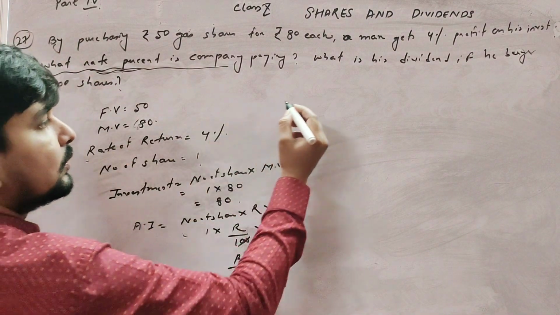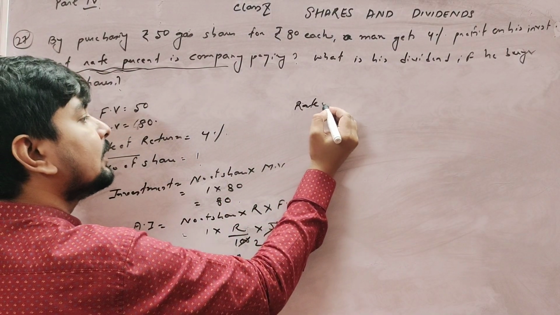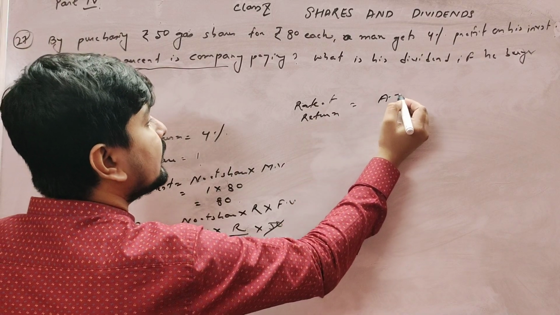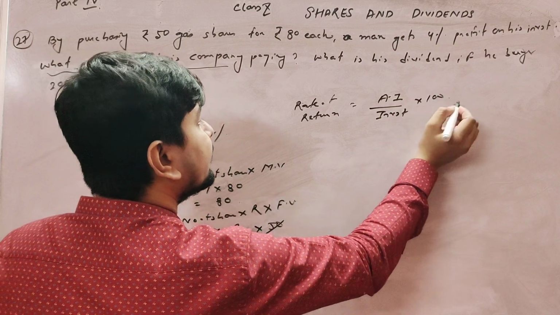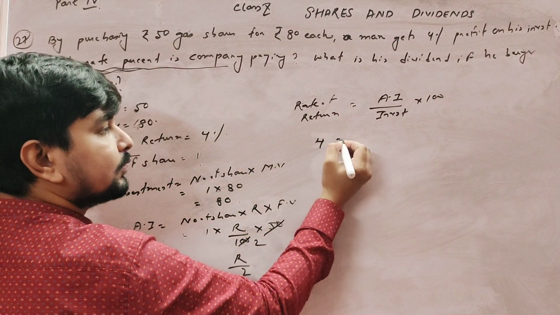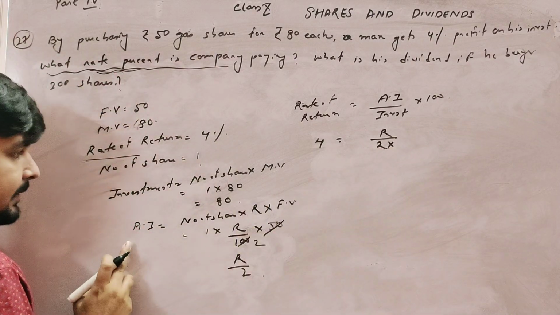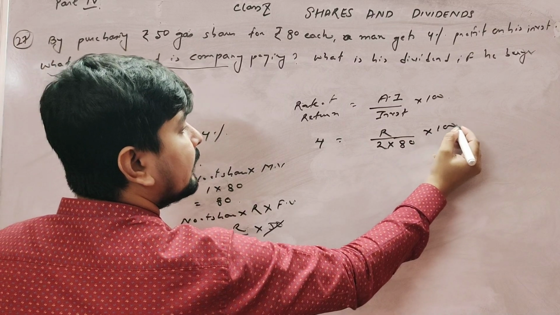We already have the rate of return. The rate of return formula is annual income by investment into 100. The rate of return given is 4, annual income is R by 2, and investment is 80 into 100.